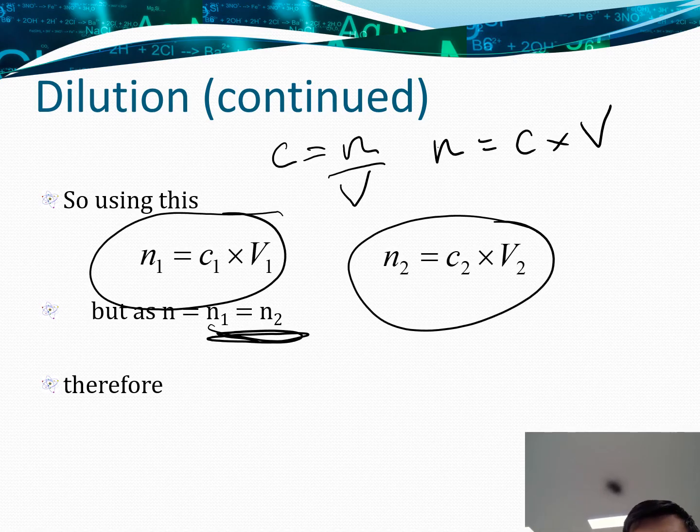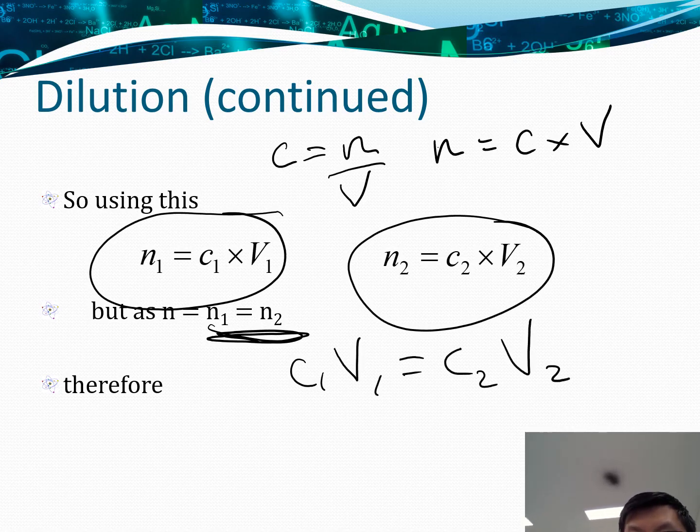In other words, I can do C1 V1 is equal to C2 V2. If number of moles remains unchanged when you add water to a solution, and how we calculate concentration has to do with number of moles and volume, you can make two formulas equal each other because they equal the same thing. So the way that we use this is, if we add more water, then the change should be in proportion to your initial solution.